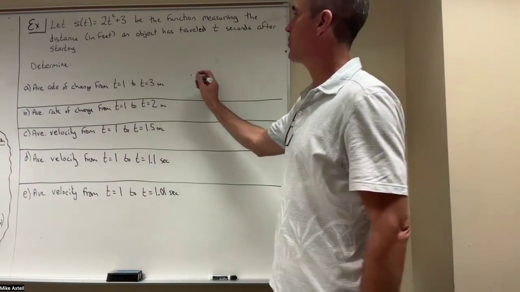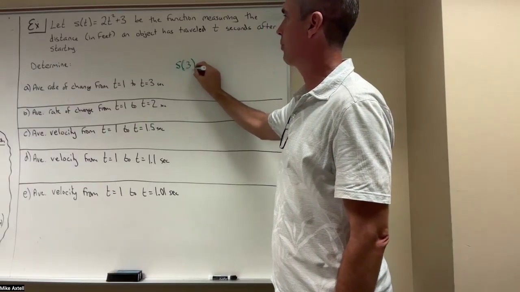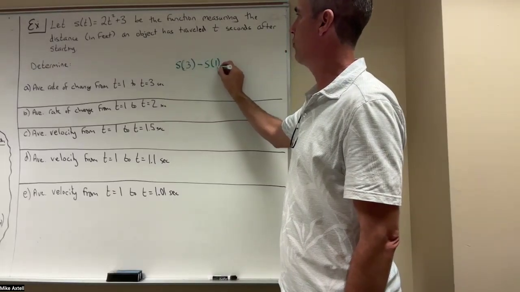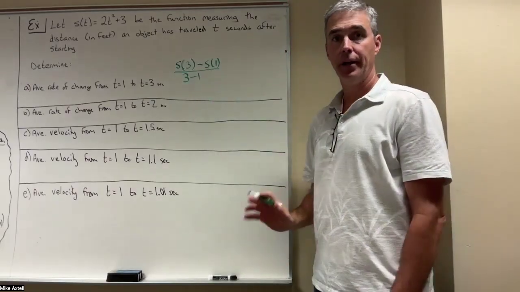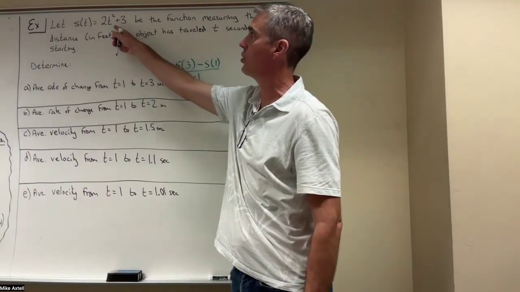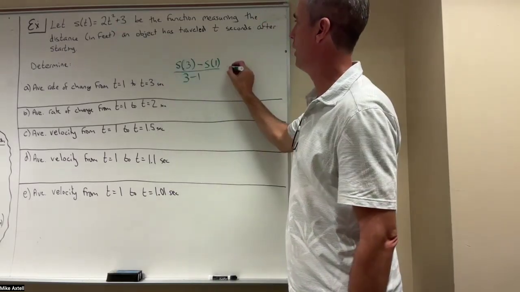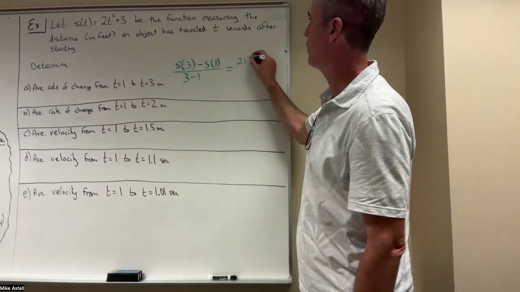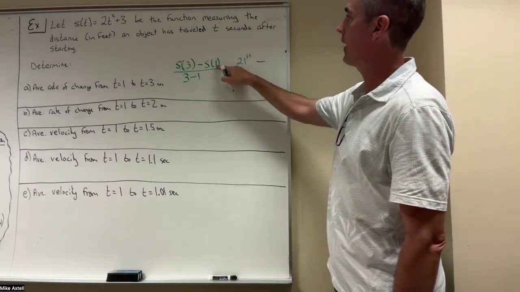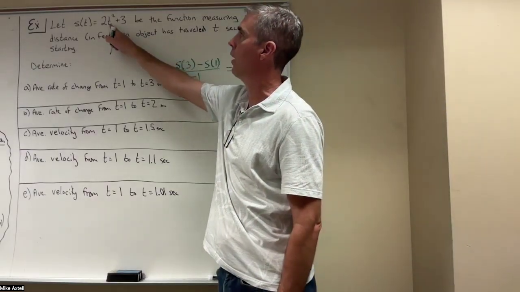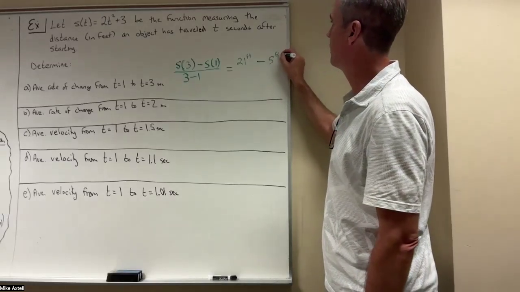All right. So the first one, I'm going to calculate the distance traveled at time 3 minus the distance traveled by time 1 all over 3 minus 1. Okay. Now, when I plug 3 into my function, I have 3 squared is 9, times 2 is 18, plus 3 is 21. So you should check, but I get 21 feet for s of 3. And then if I calculate s of 1, I get 1 squared is 1, times 2, that's 2, plus 3 is 5 feet.